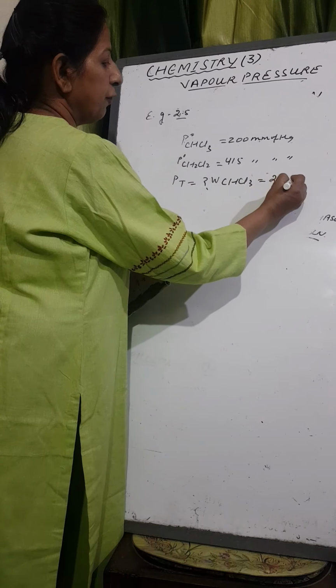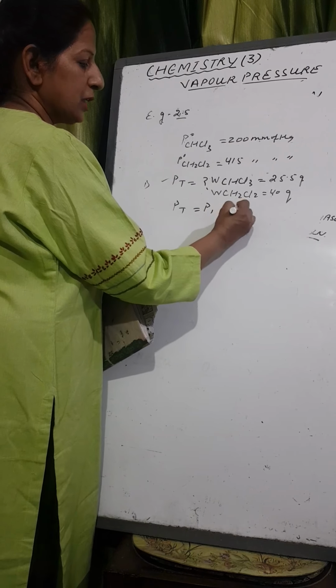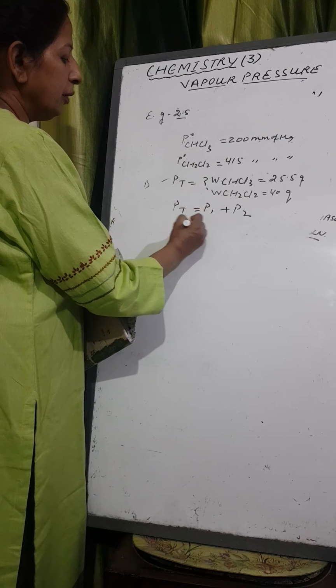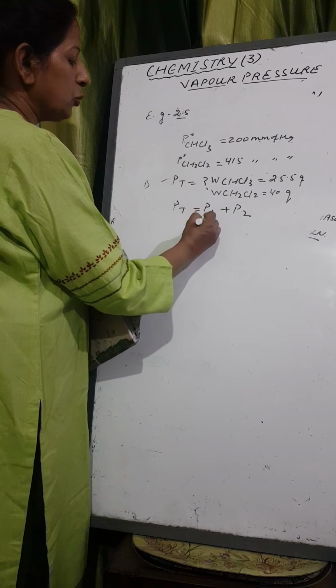So you have to find out P total for the first part. According to Raoult's law, P total equals P1 plus P2. Now P total is equal to P1 naught chi 1 plus P2 naught chi 2.